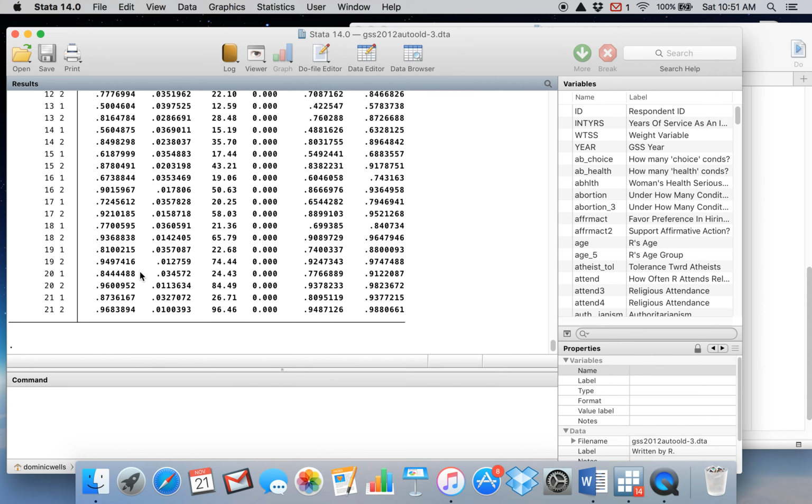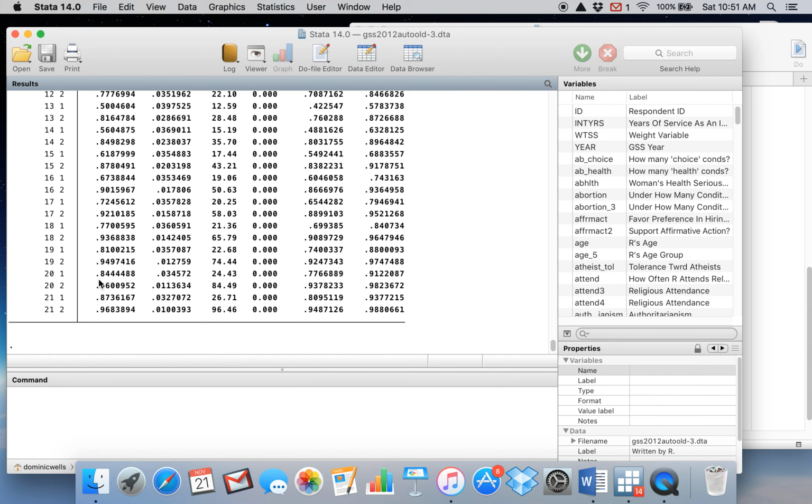So up here, holding income and partisanship at their mean, for a person under 30 with 20 years of education, you have a value of 0.84. Your probability of voting, 84%, 0.84.